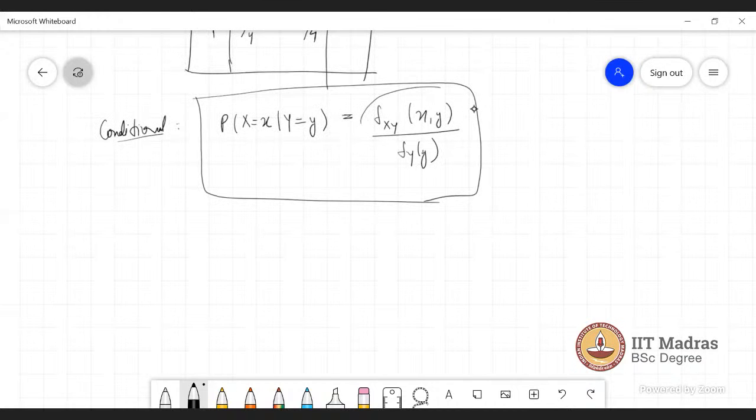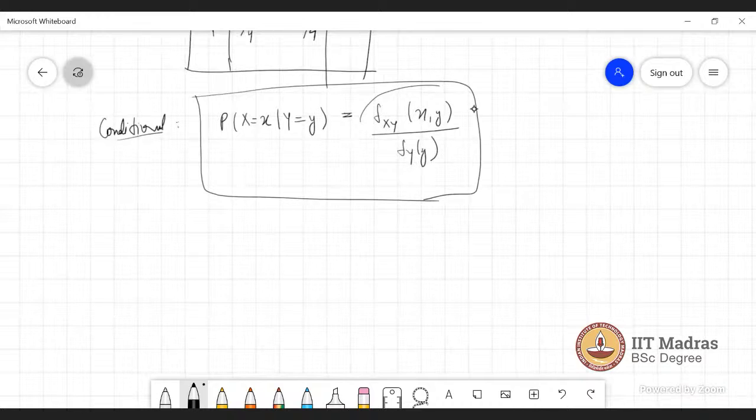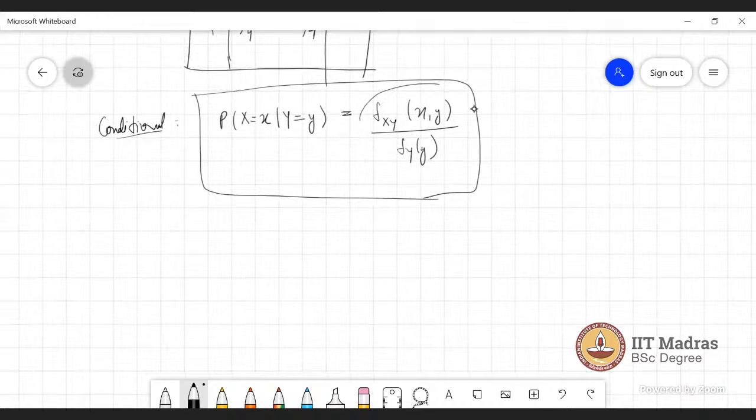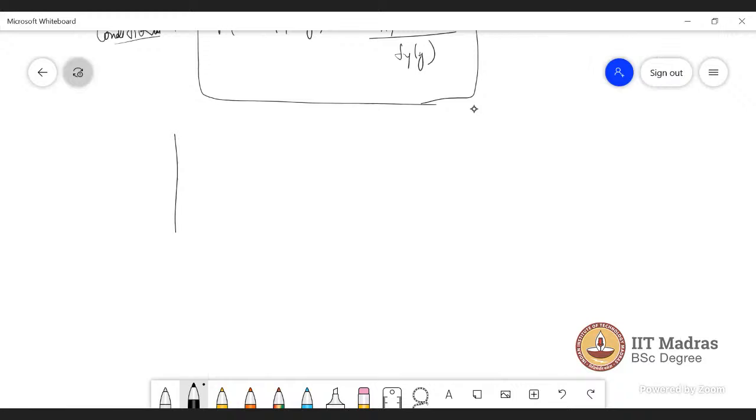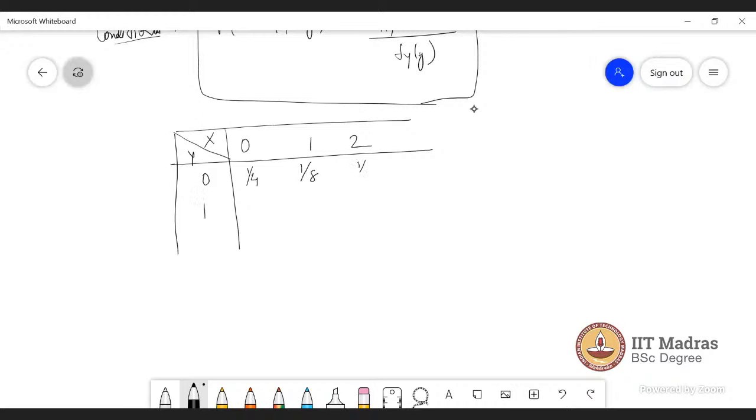So if I take one example here, this is your X, this is your Y, with X taking 0, 1, 2 and Y taking 0, 1. The joint probabilities are 1 by 4, 1 by 8, 1 by 8, 1 by 8, 1 by 8, 1 by 4.